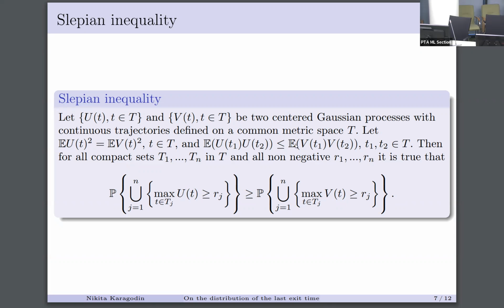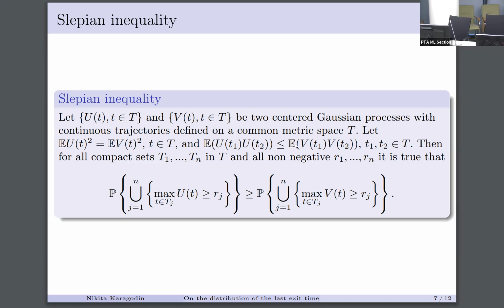And you have an inequality for their scalar product. If you take the covariance of u_i and u_j, it is smaller than the covariance of the same one for v. And then, for some reason, I actually don't know why, you get that the maximum of this vector hits the boundary with higher probability than this one.